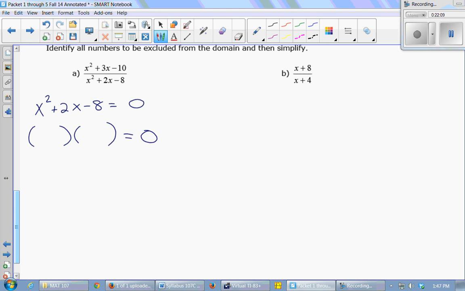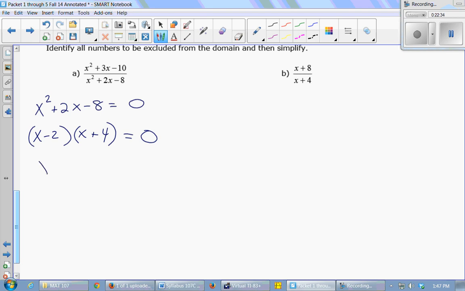All right, so I have a 1 coefficient on my x squared, so that means I just need to think of two numbers that multiply to -8 and add to +2. What do you think? -2 and +4. X minus 2, x plus 4. So FOIL it just to check. You get x squared plus 4x minus 2x gives me the +2x minus 8.